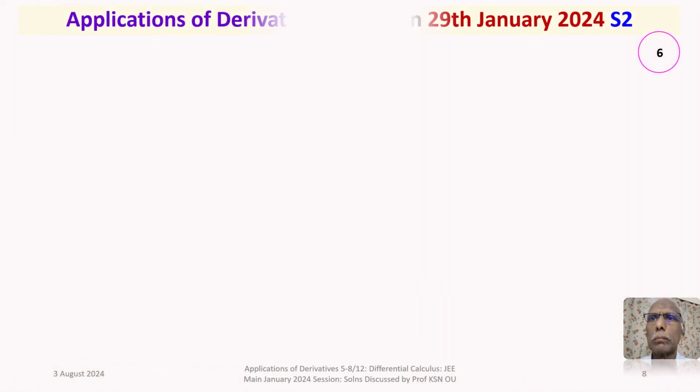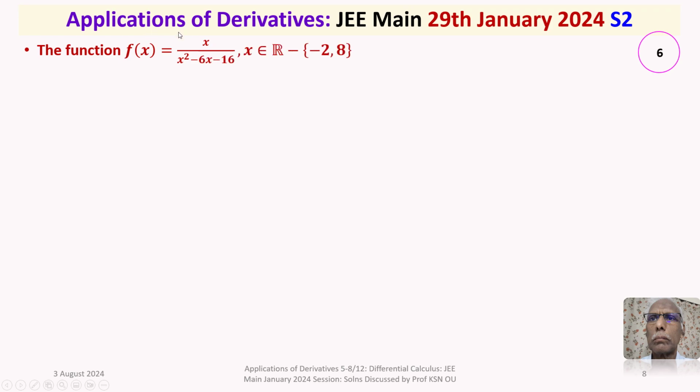This problem has appeared in JEE Main, held on 29 January 2024 in the second shift. The given problem is the function f of x is equal to x by x square minus 6x minus 16, where x belongs to R minus the set consisting of minus 2 and 8.